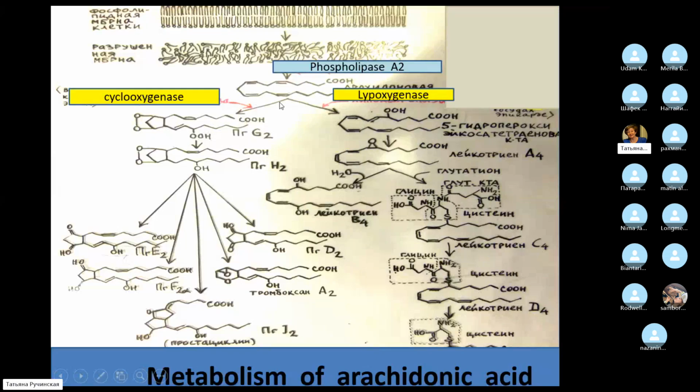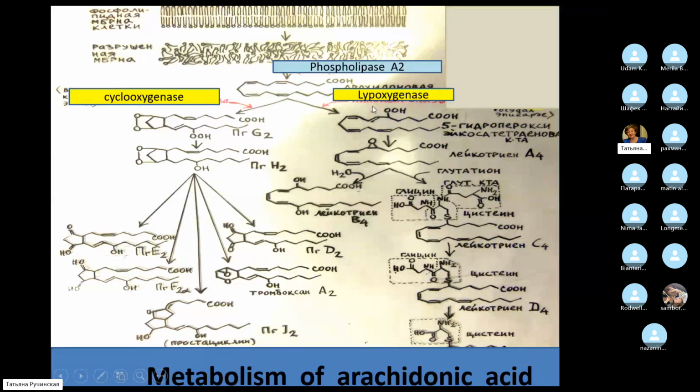And that is why the metabolites appear. In the cyclooxygenase pathway, there appear prostaglandin E2, prostaglandin F2 alpha, prostaglandin G2, prostaglandin A2. Prostaglandin A2 breaks down quicker, and there appears thromboxane.